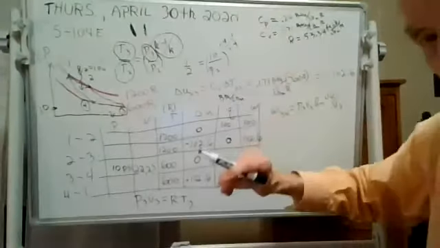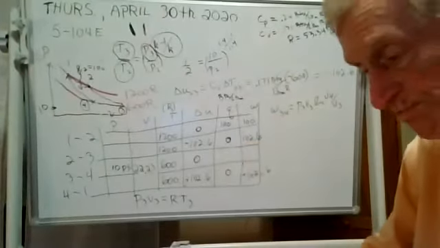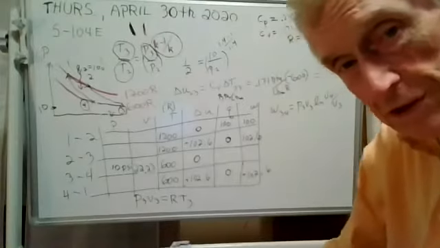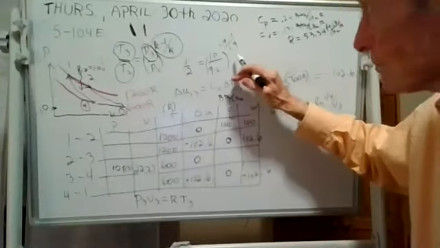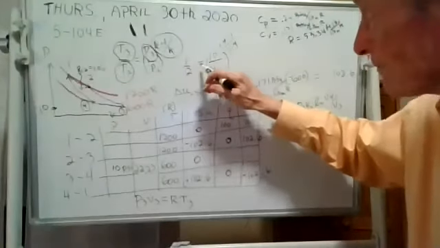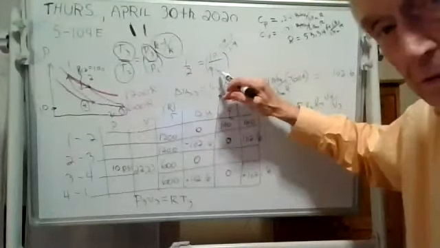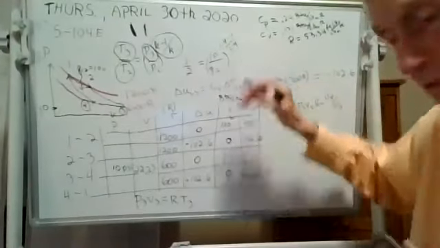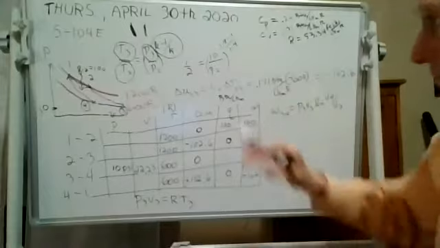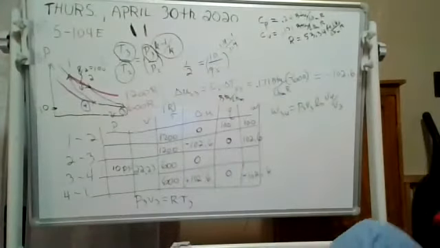Now I'm going to shut up for about a minute and a half or 2 minutes here. Can you read my writing there? I hope so. 1/2 is equal to 10 over P2 to the power of 1.4 minus 1 over 1.4. All right, find P2. I'll be quiet and let you find P2.